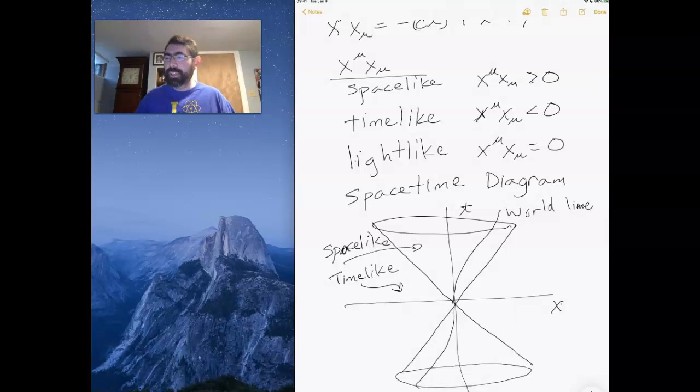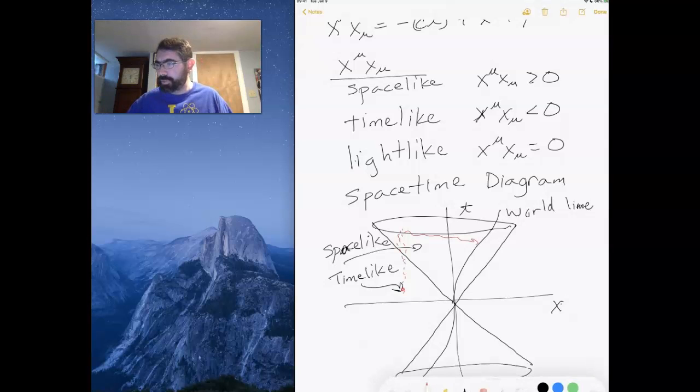That matches with the fact that you get this negative value for the interval, and therefore any information here cannot make its way into the cone. It would have to travel faster than the speed of light to transmit that information. So instead, you would have to wait until this event here eventually made its way into the cone, into the space-like region, to then be able to transmit some information over to my world line.